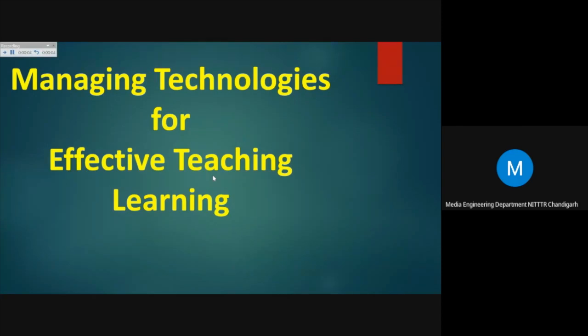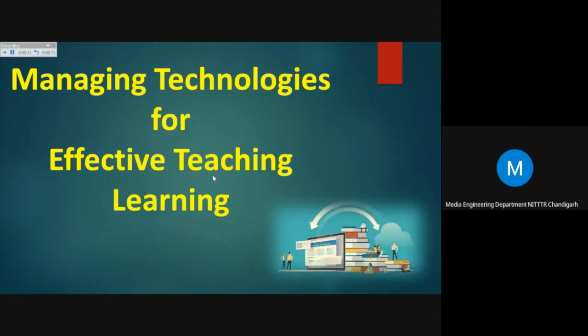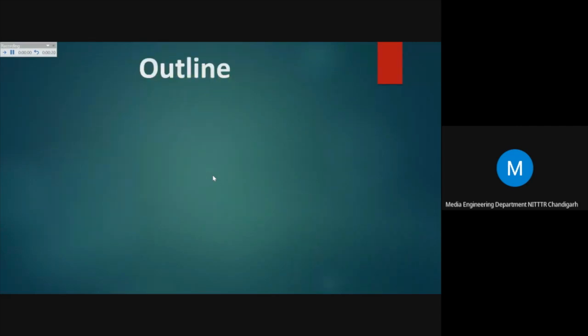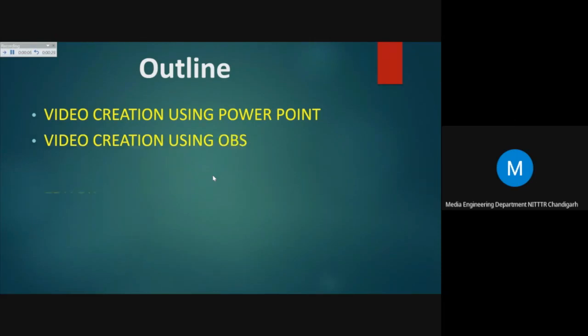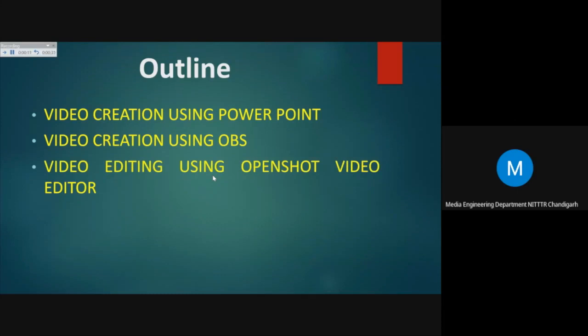You can record the narration according to the slide that is displayed on your screen. When you're done with the narration of the first slide, you can click enter and move to the next slide. Now you can start the narration of this slide, like: the outline of my lecture is video creation using PowerPoint, video creation using OBS, video editing using OpenShot Video Editor.